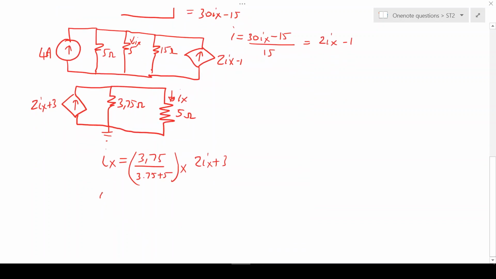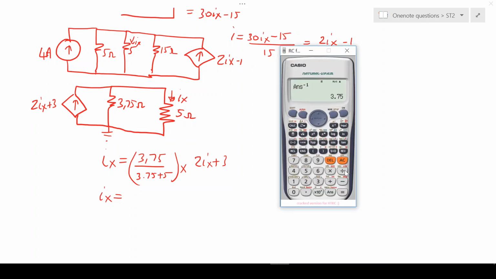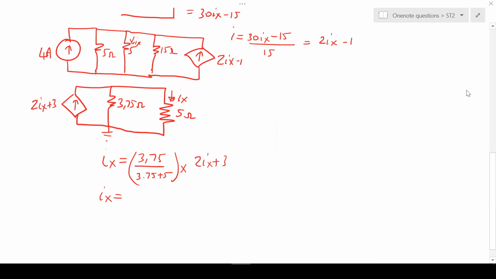If we just get that ratio, 3,75 divided by 3,75 plus 5, it gives us a value of 0,428. So this is going to be 0,428 multiplied by 2Ix plus 3.